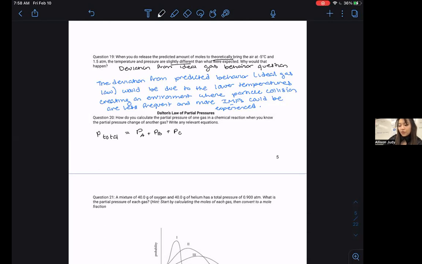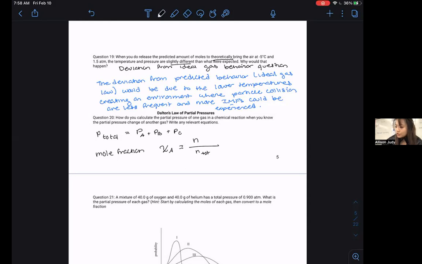We could also figure out, let's say we don't have the individual pressures of each gas to just solve for the unknown variable of one, but we do know the mole ratio, or what we call the mole fraction of a gas. I might not have measured out the individual pressures of each gas, but I do know that in this sample, I have this amount of moles of this gas, and I know that my total sample has this amount of moles of gas in general.